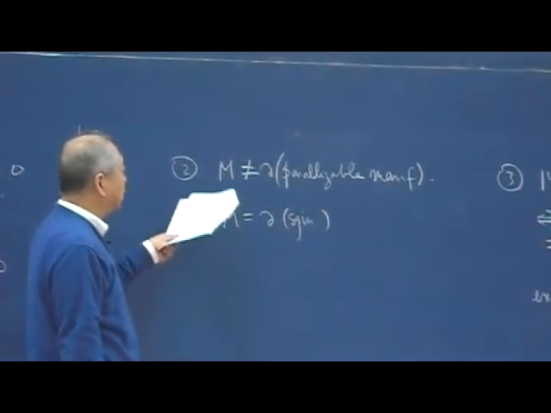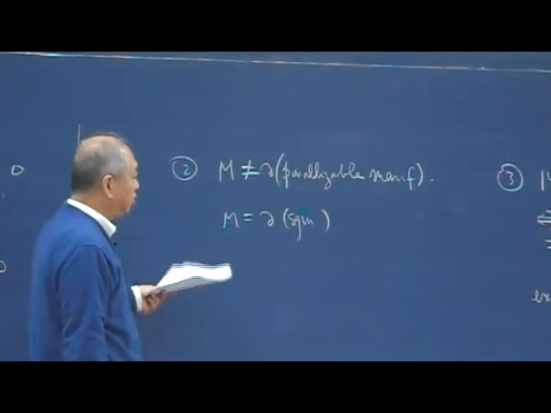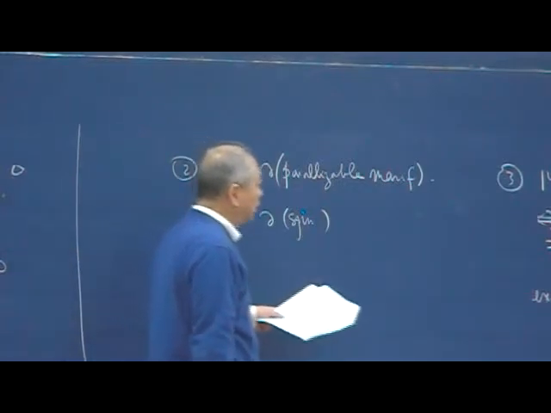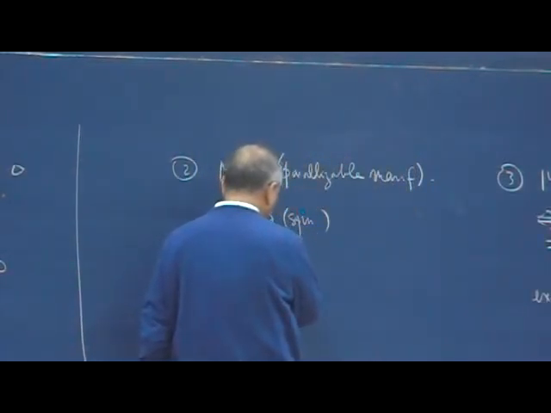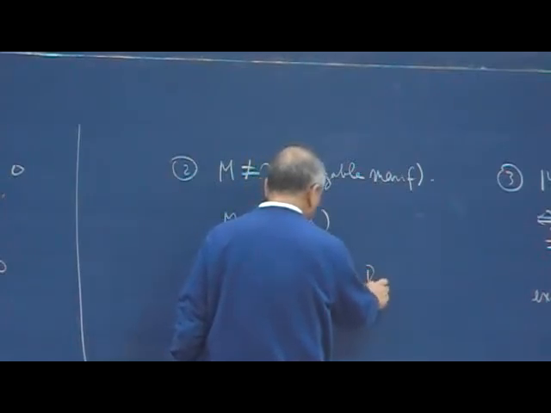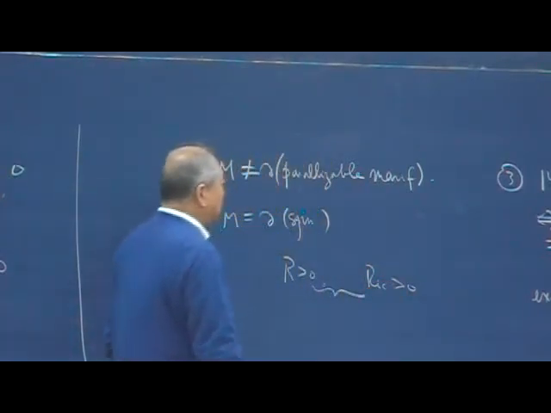But it seems to me there is somewhere more than that, because it's somewhere between scalar curvature positive and Ricci curvature positive. So this gap, what kind of manifold do we expect to have that option?